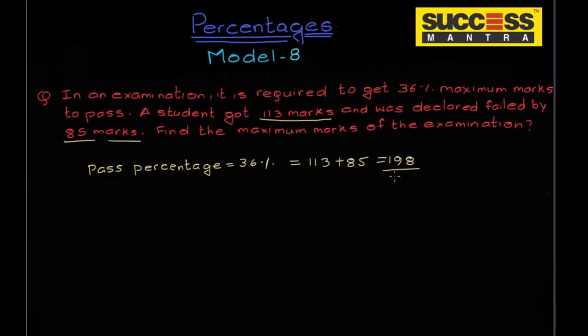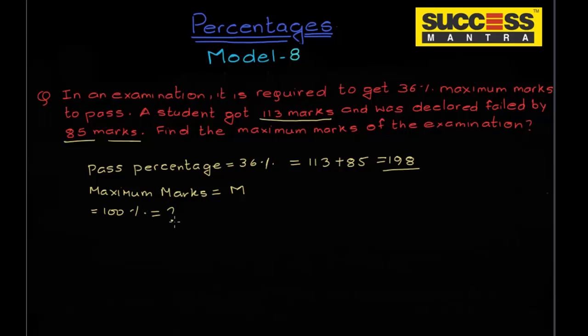So we can understand that 36% is equivalent to 198 marks, and we are supposed to find out the maximum marks. Let's assume that the maximum marks equal M. The passing percentage is 36% and that is equal to 198. Then 100% is equal to what?